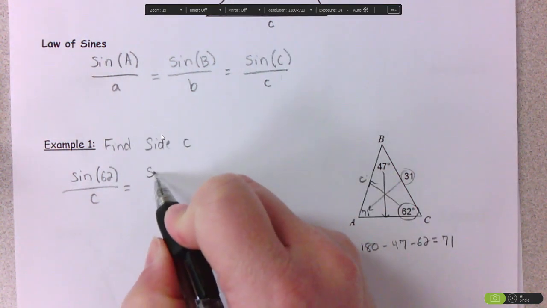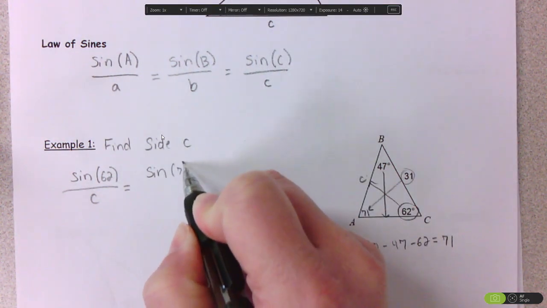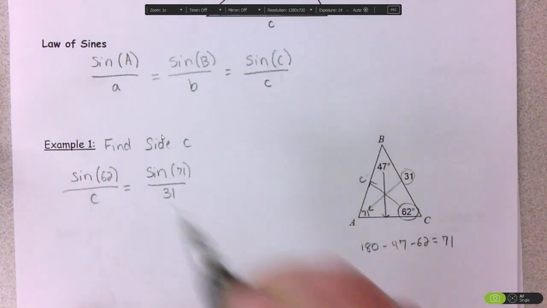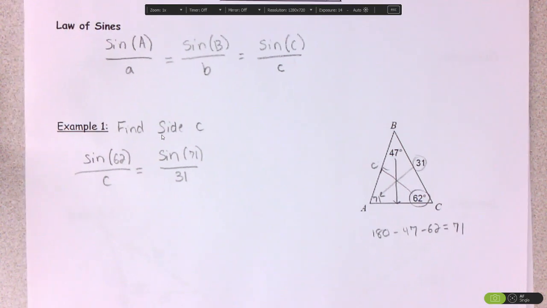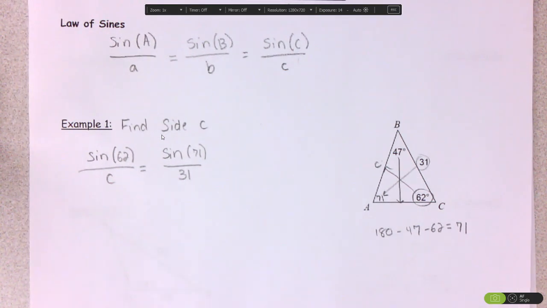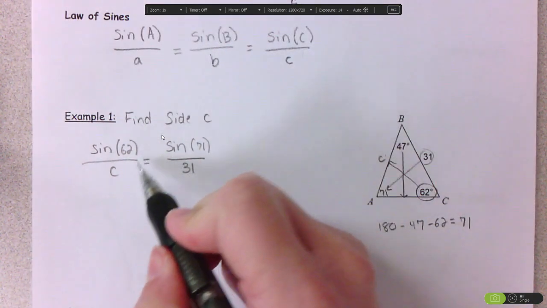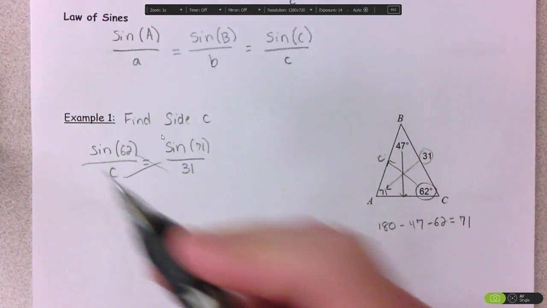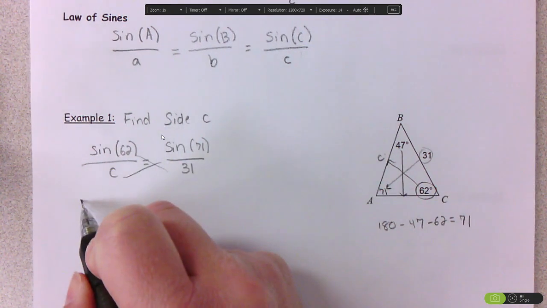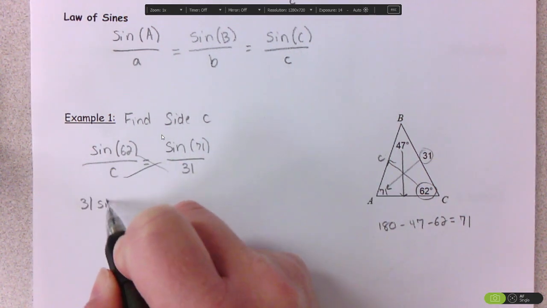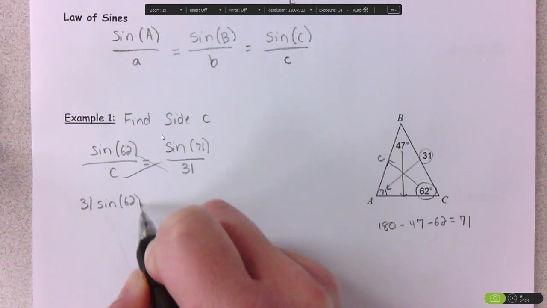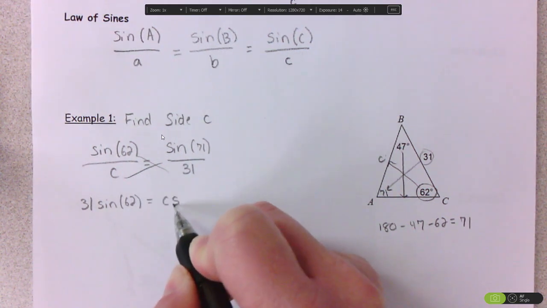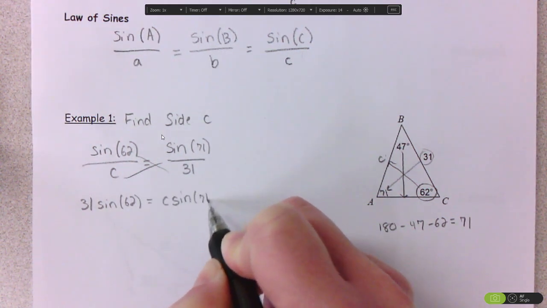So I can take sine of 71 and put it over 31. And then we have a proportion, so in order to solve a proportion, we just cross multiply. So 31 times sine of 62 equals C times sine of 71.